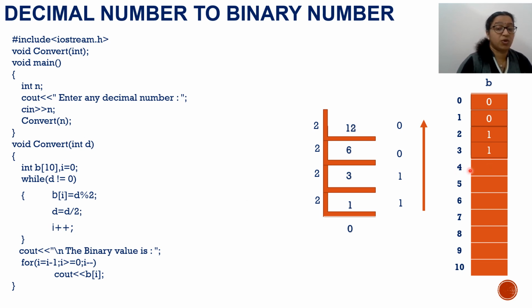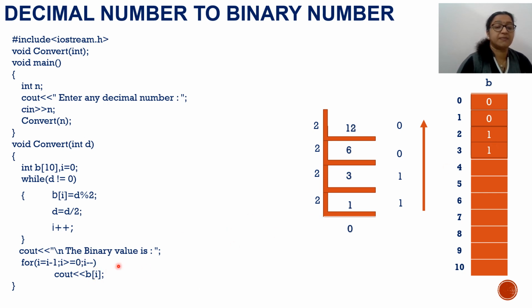So we want to minus the value to 3 because i is in 4th position. B of i value is 1 here. So we want to print it on the 3rd index number onwards. So i is equal to i minus 1. Then i greater than or equal to 0. Yes, it is greater than or equal to 0 because it is 3 now. So we want to print that array's number. So we will get 1.